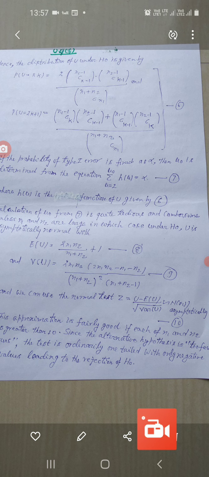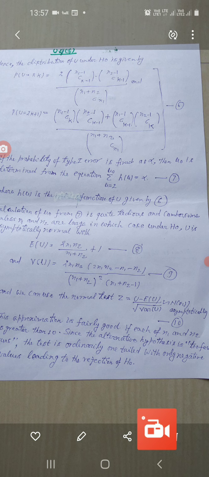So, if the probability of type first error is fixed at alpha, then u0 is determined from the equation summation u equal to 2 to u0 of h(u) is equal to alpha, and let it be equation number 7, where h(u) is the function of u given by equation number 6.